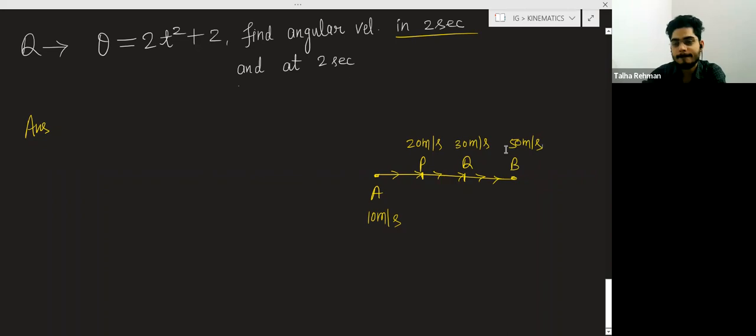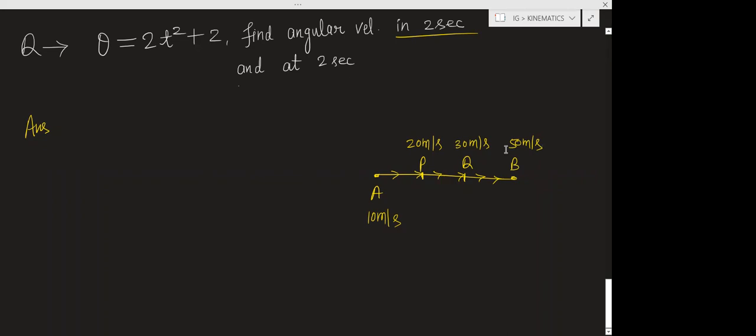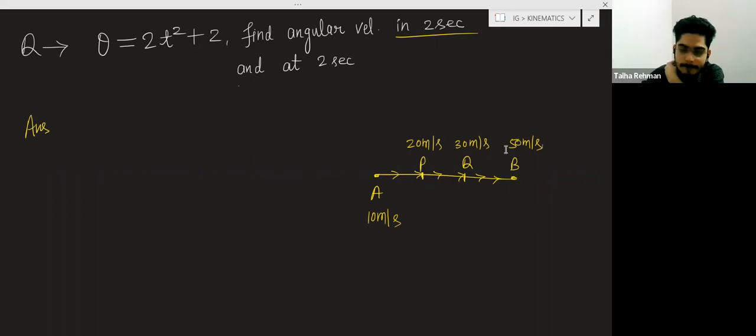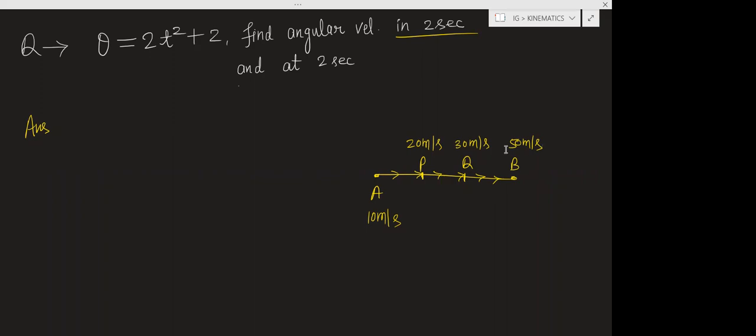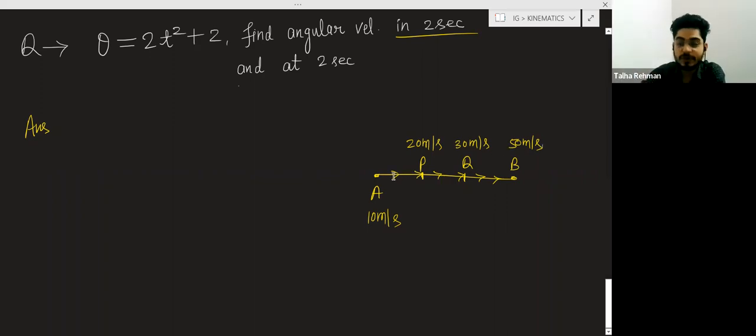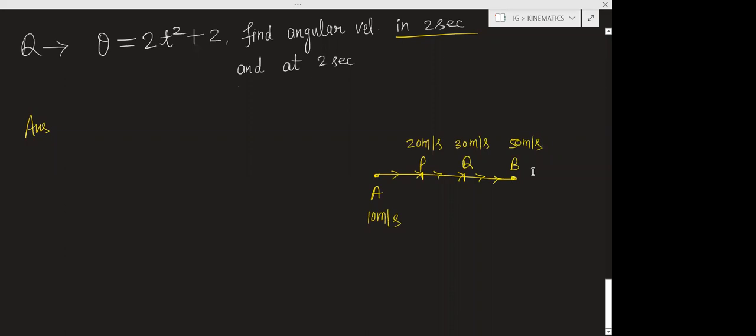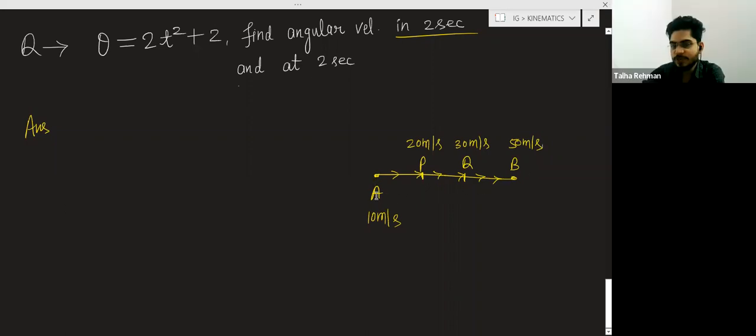What will you say? I have to find the difference or displacement. I am just saying, see what I am saying first. You are moving from A to B. During the motion, at A your velocity is 10 meter per second. At point P your velocity is 20 meter per second. At point Q your velocity is 30 meter per second. At point B your velocity is 50 meter per second.